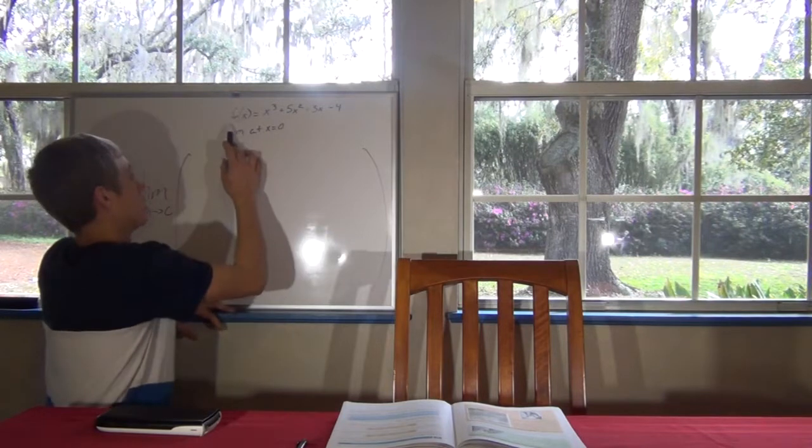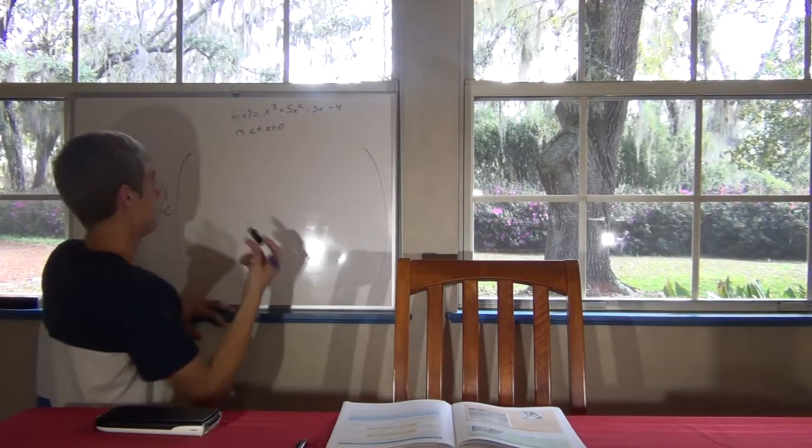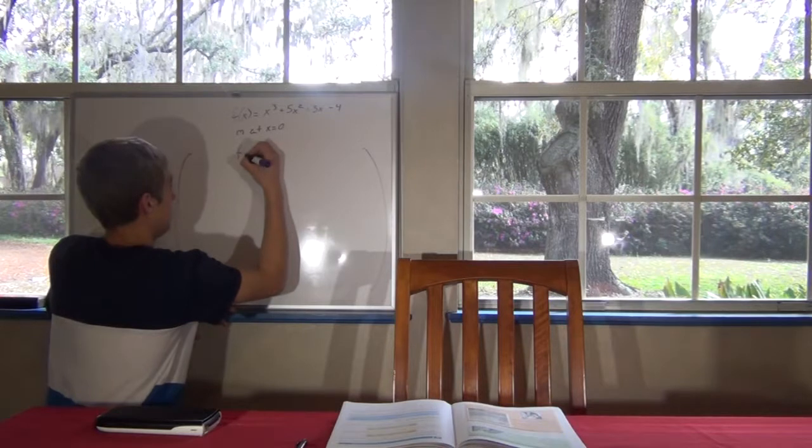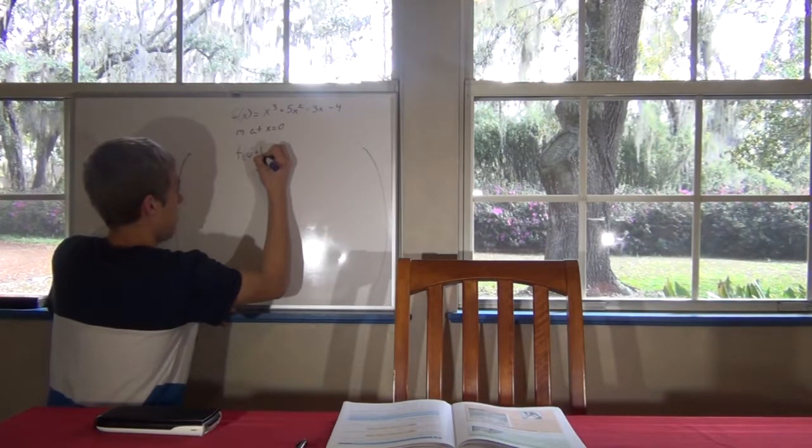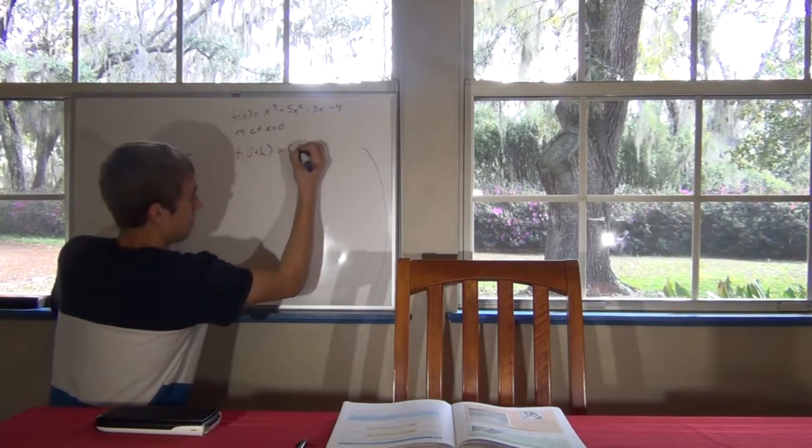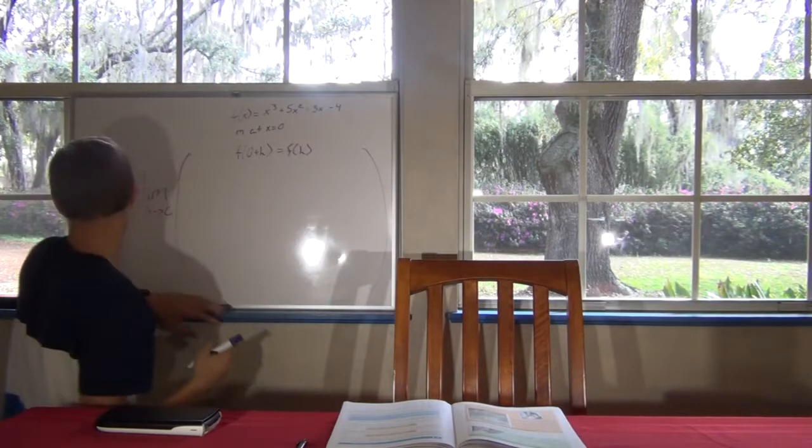So this is just going to be the function of h, because f of 0 plus h equals f of h. I think we're copacetic on that part.